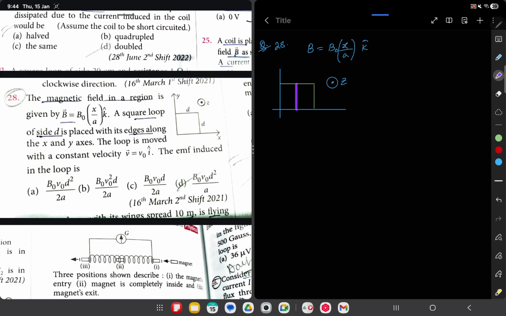Let's check. This is a portion. This one is dx. So the area of this one will be, now the flux through this one will be B naught x by a into the area, which will be d into dx.